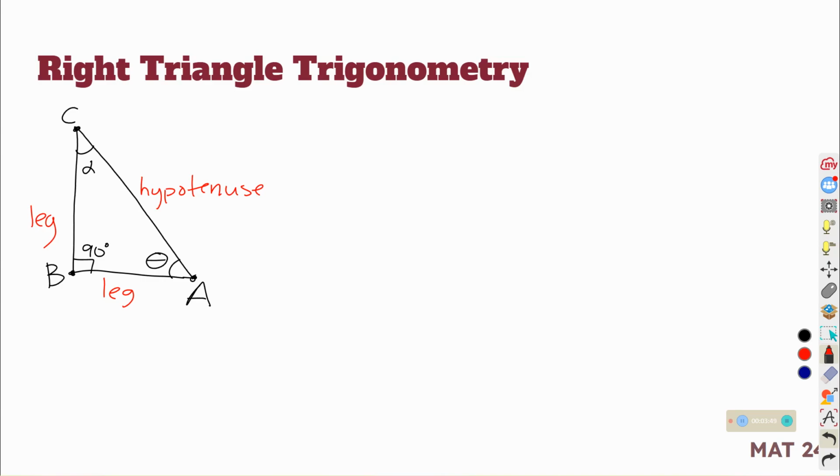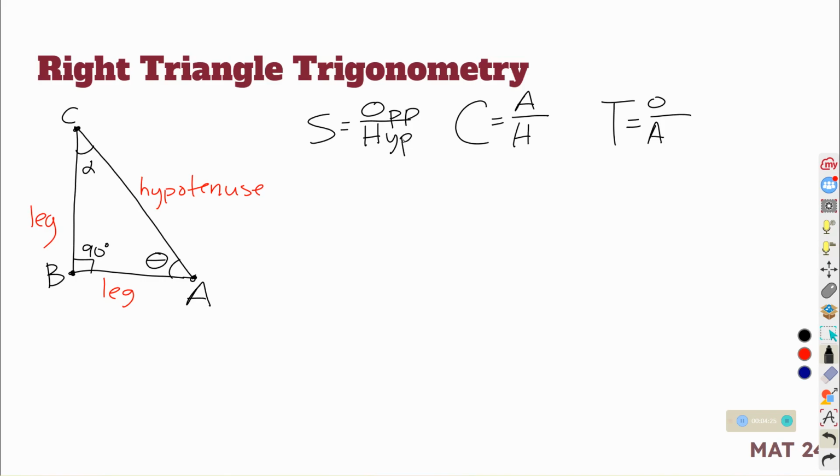So we know two really helpful things about right triangles. We know SOHCAHTOA. We know sine is opposite over hypotenuse.